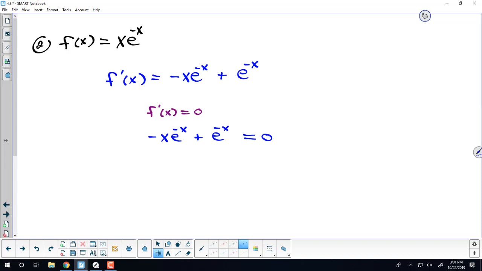So just a word of advice here. This derivative equation can be solved in another way, but I would recommend, when you have mixed expressions like algebraic, like x to the power, square roots, and exponentials, or powers of x and logarithms, and those things are kind of mixed, in general, when you're solving where the derivative is 0, the main method is to pull out the greatest common factor.